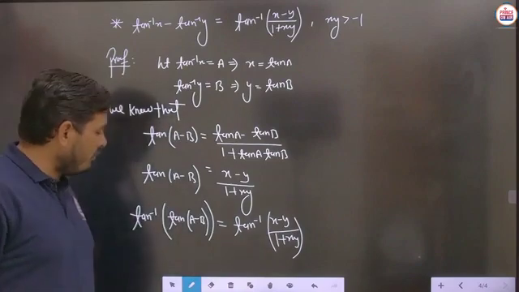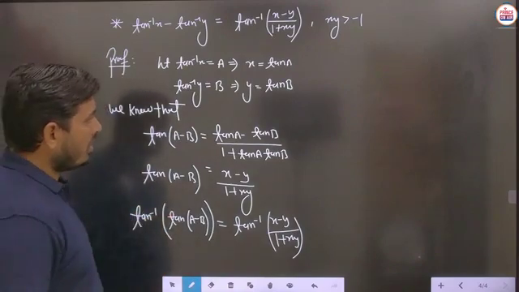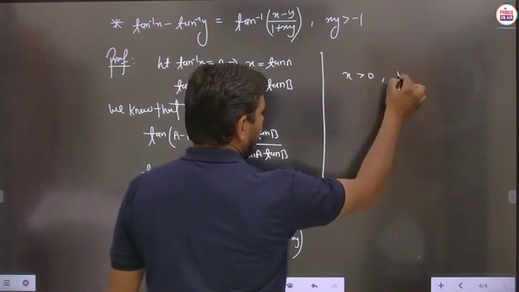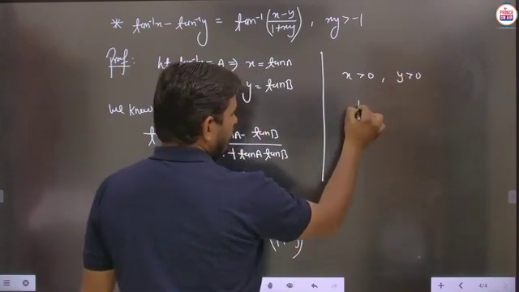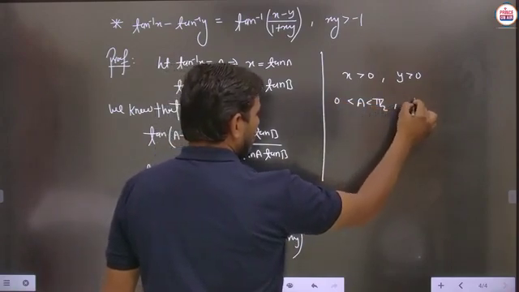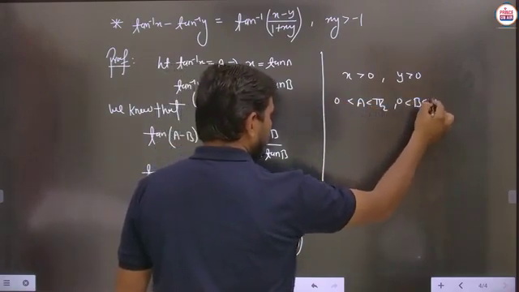So, students, we have to think about the condition. Suppose we take the condition x greater than 0 and y greater than 0. Then angle A lies from 0 to pi by 2, and angle B also lies from 0 to pi by 2.